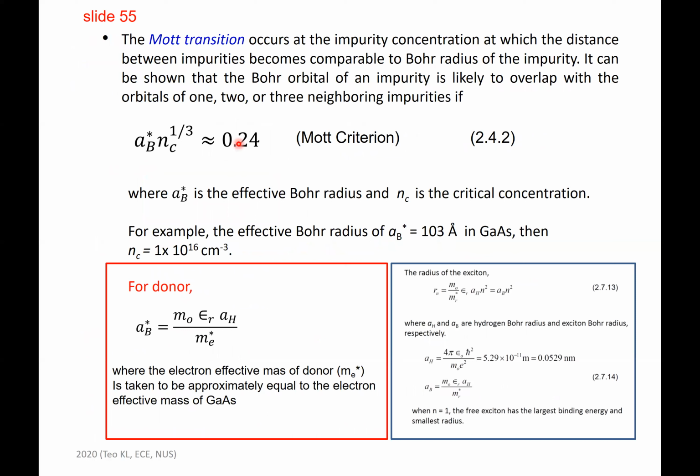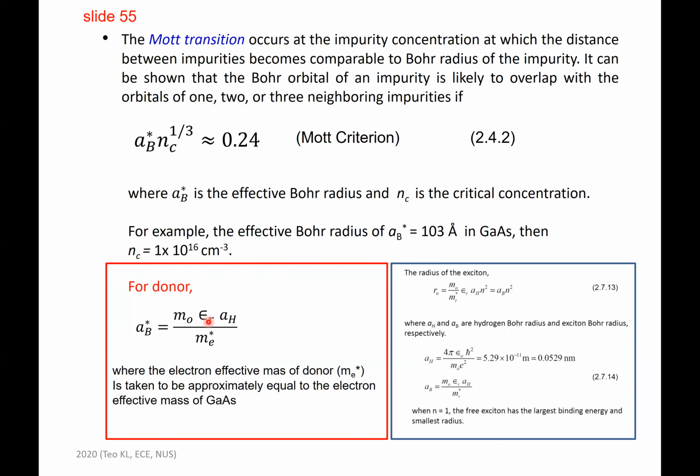So similarly, in slide 55, when we talk about the donor, basically the electron orbiting around the donor, you also have a Bohr radius. And the smallest radius is called the Bohr radius.